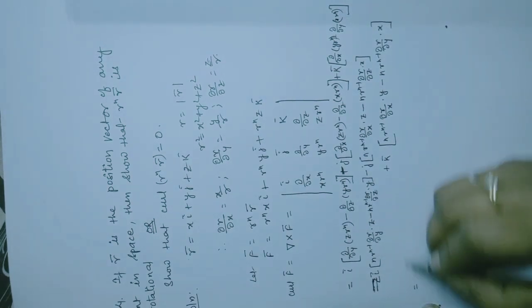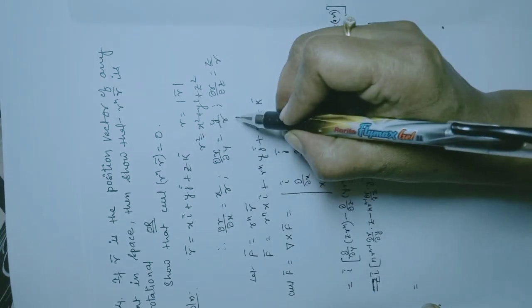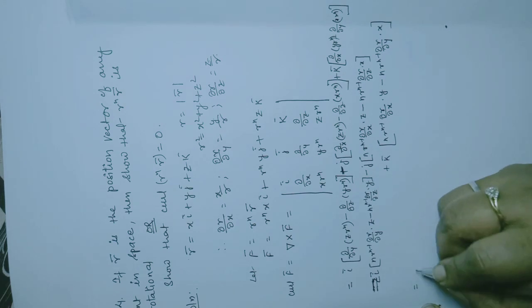So let's segregate these terms. Del r by del y means, you know, y by r.